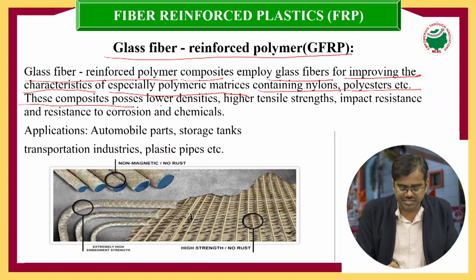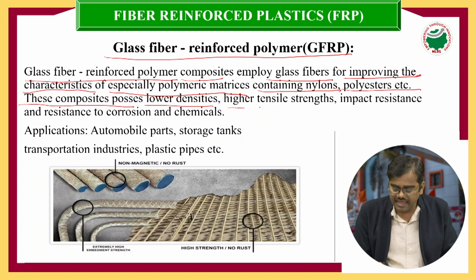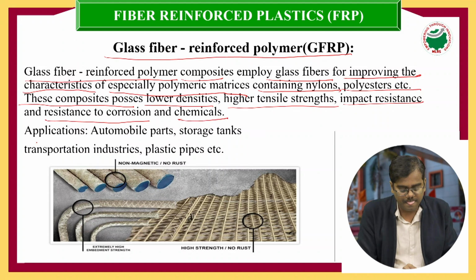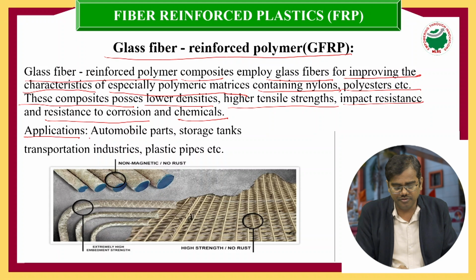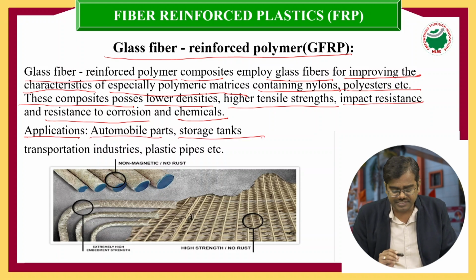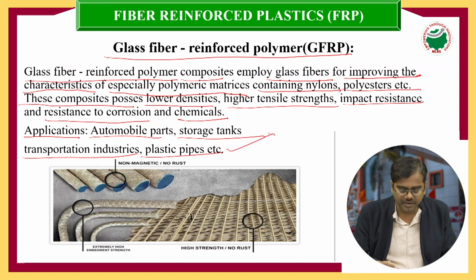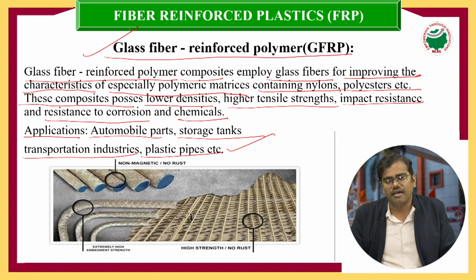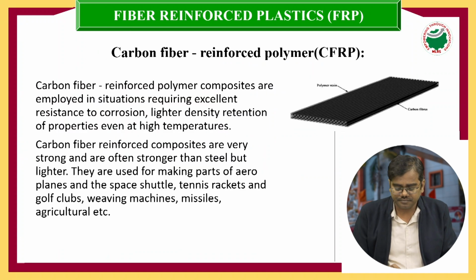This composite possesses lower density, higher tensile strength and impact resistance, and is resistant to corrosion and chemicals. Applications are in automobile parts, storage tanks, transportation industries, plastic pipes, etc. These are the important concepts of glass fiber reinforced plastics.